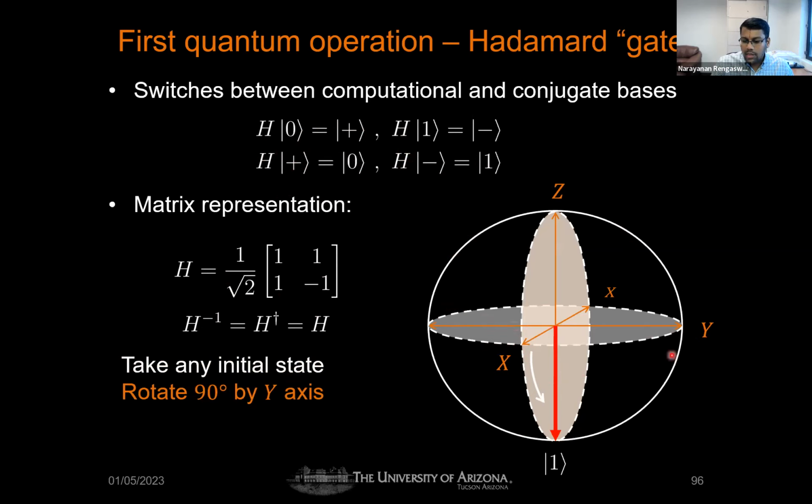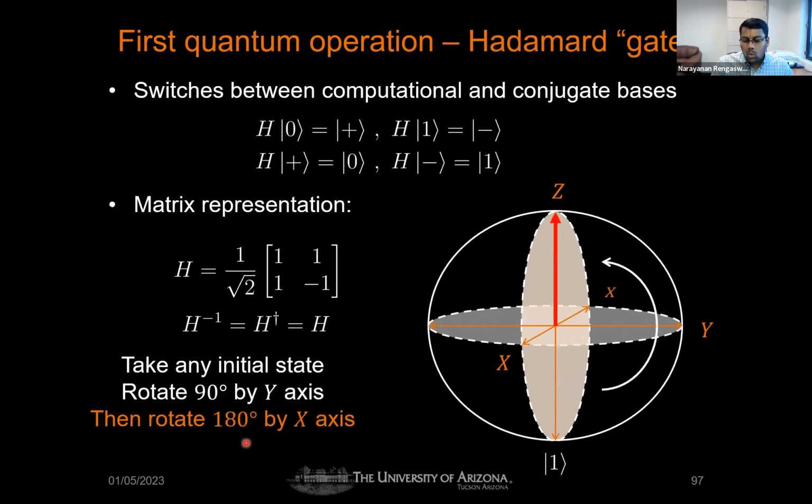Here we have labeled the axes X, Y, and Z. So now you rotate 90 degrees about the y-axis. Now it points down. And then you rotate 180 degrees about the x-axis. The x-axis is the horizontal axis. And from here, you go back to here. And this we have already seen is the 0 state. So what we have just seen is the Hadamard takes the plus, which is here, to the 0, which is there.